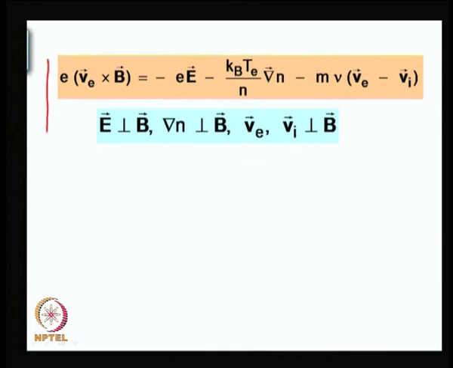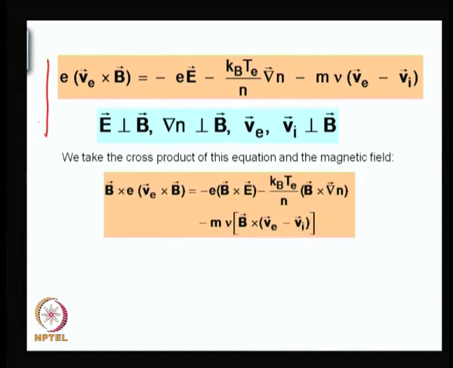We write the equation and take the cross product of this equation and the magnetic field from the left, B cross E, Ve cross B. In all three terms, you take the cross product of B from the left.